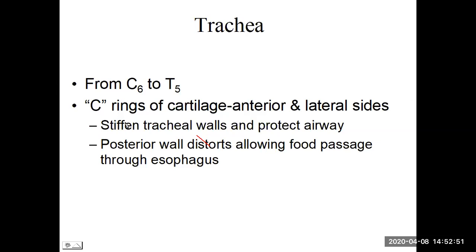So now directly inferior to that larynx, commonly called the voice box, we're seeing the span of the trachea. And here we're just making a comparison of the vertebrae to the length of the trachea.